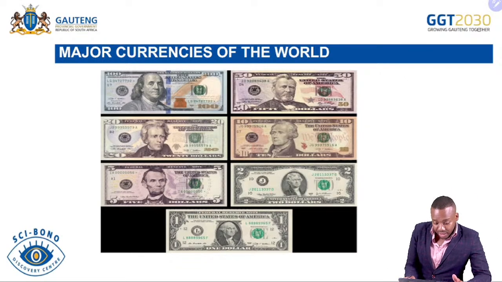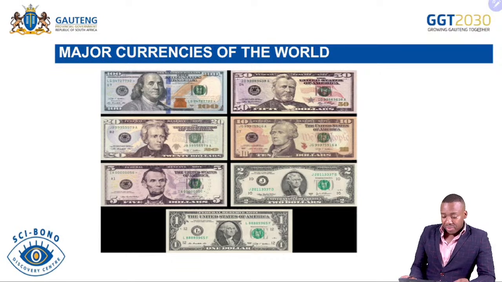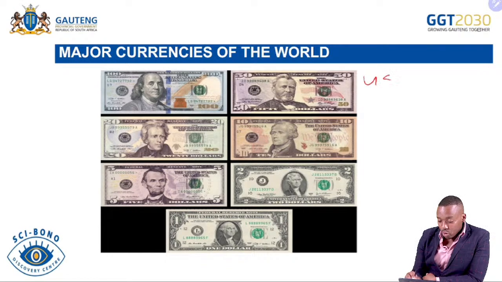Right? When you look at that, for example, we've got the picture that is showing the United States dollar. It is one of the major currencies of the world. Obviously, how do you write it? It is USD. The first 2 letters are the country, and then letter number 3 is the currency that is used in that particular country.